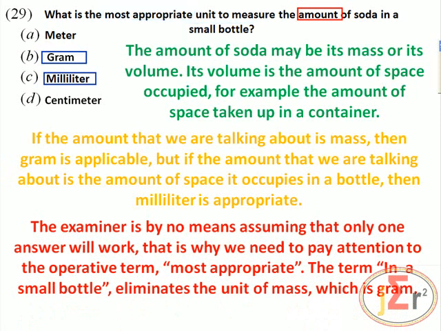That is why we need to pay attention to the operative term, most appropriate. The term also, which is in a small bottle. This one, the term in a small bottle, eliminates the unit of mass, which is gram.